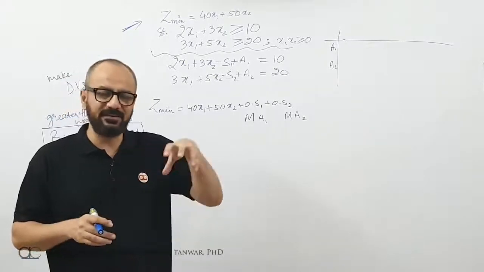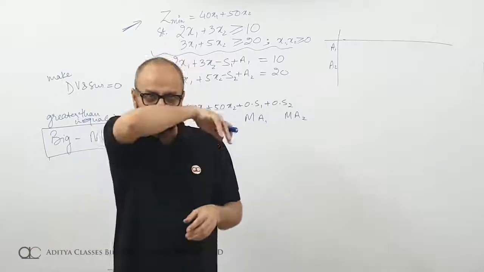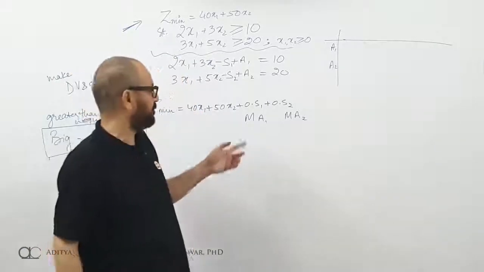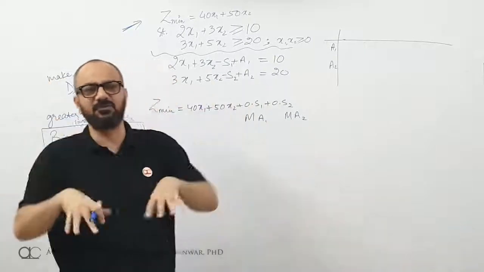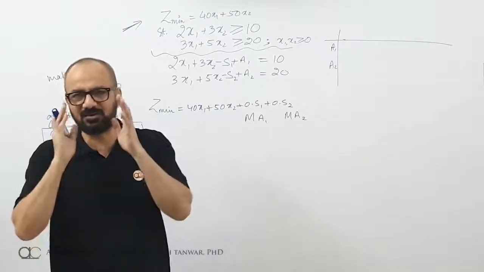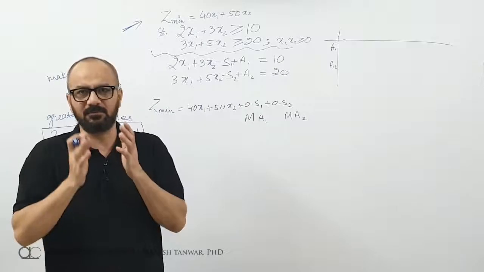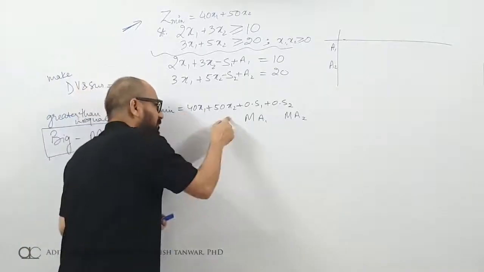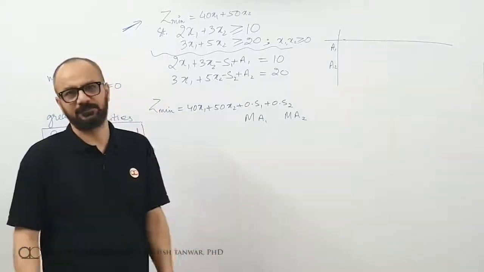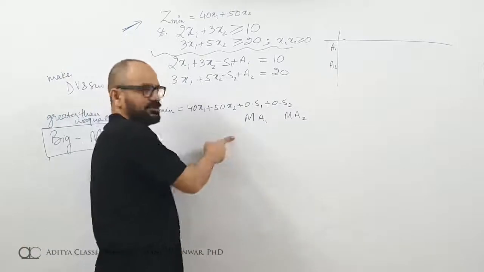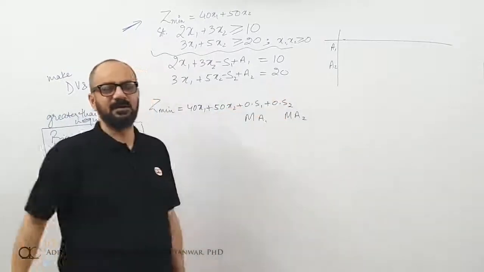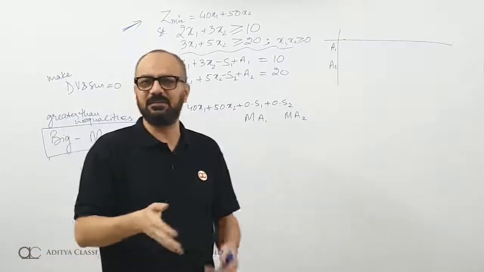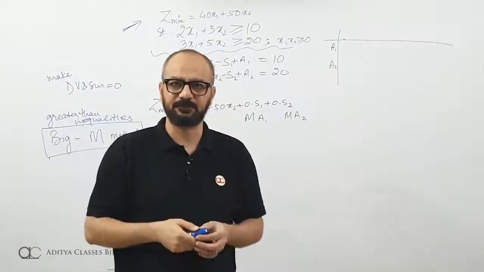Leaving something unused or making use of more of a resource does not contribute to profit. What contributes to profit is selling of x1 and x2, selling of tables and chairs. Not using wooden blocks, not using labor time, not using machine time does not add to profit.